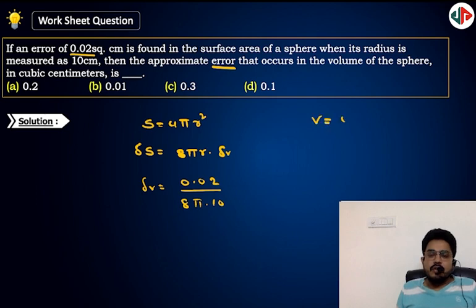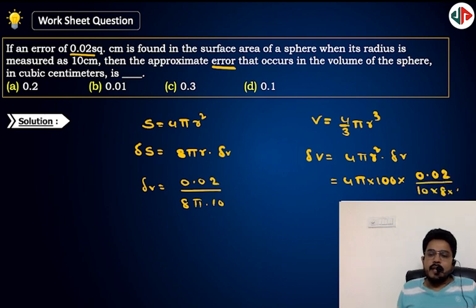V is equal to 4 by 3 pi r cube. Change in V is equal to, when you differentiate here, 4 pi r square into change in r, which is equal to 4 pi r square is 100 into 0.02 pi 10 into 8 into pi.